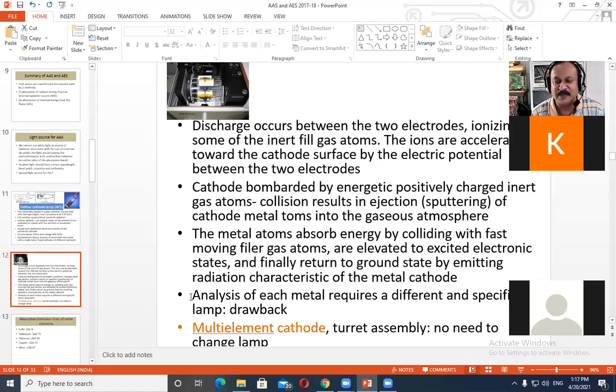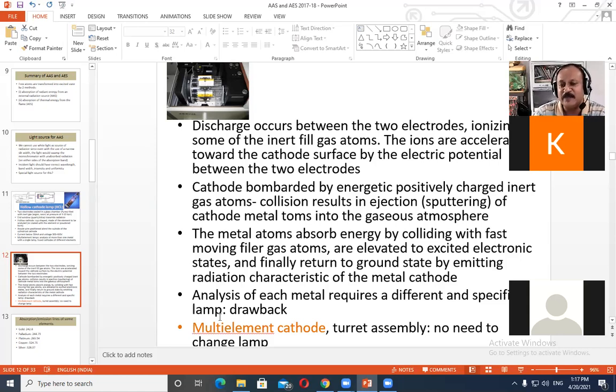Sometimes that becomes real hectic work, and therefore to circumvent that problem, what is now available is what is called a multi-element lamp. One single lamp has a cathode made up of multiple different elements, maybe 2 or 3 different elements in the single cathode, and therefore without replacing that cathode lamp, we can use the same lamp for analyzing different types of metals.